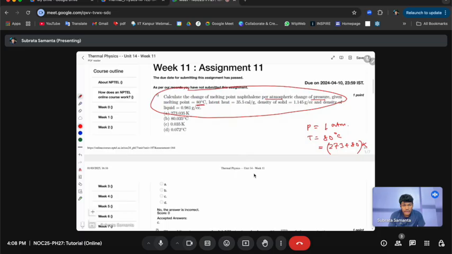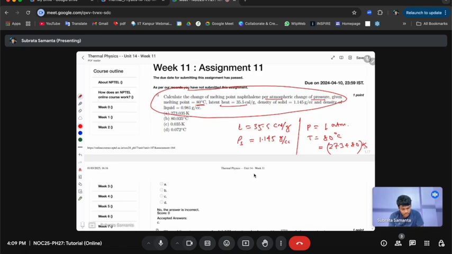The latent heat is also given, so latent heat L is 35.5 calorie per gram. The density of solid, rho s, is 1.145 gram per cc.